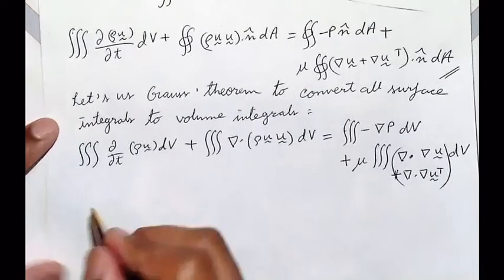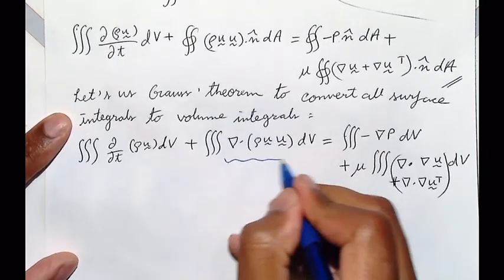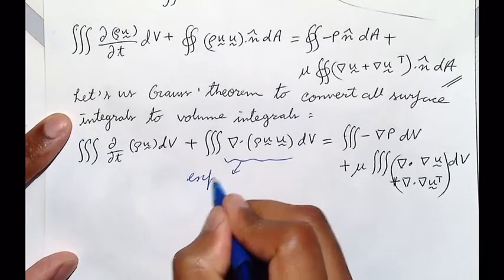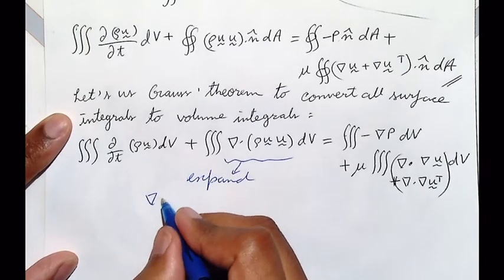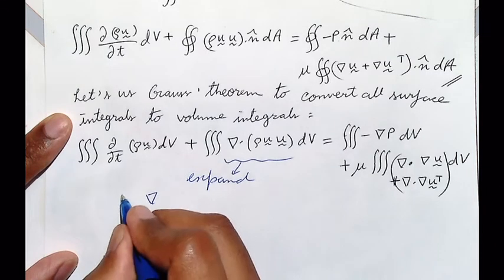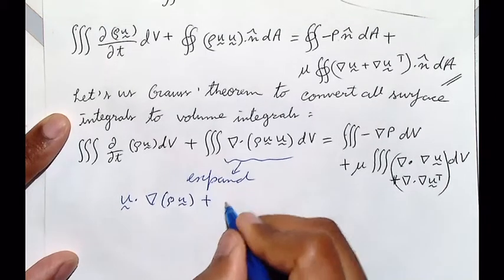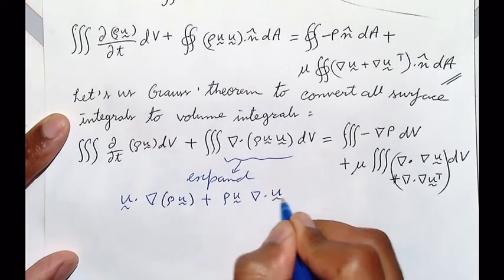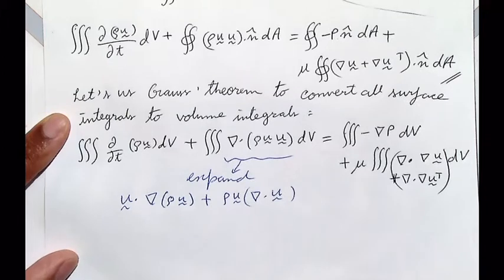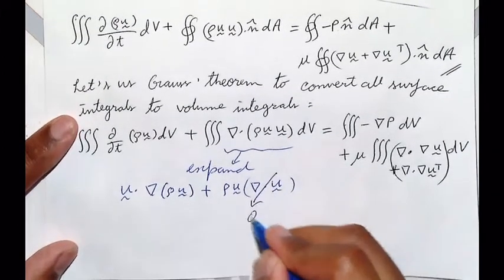Let's see. So, okay, first let's expand this guy, alright? Expanding this, you get u dot nabla rho u plus rho u nabla dot u. Okay? When you expand this, you get these two terms. This is 0, continuity.